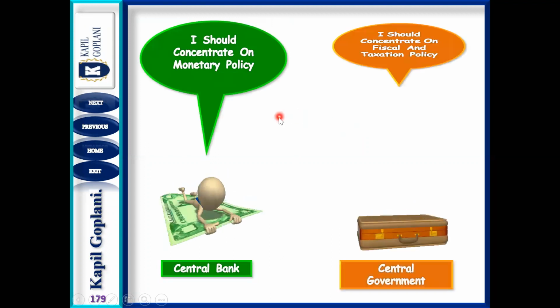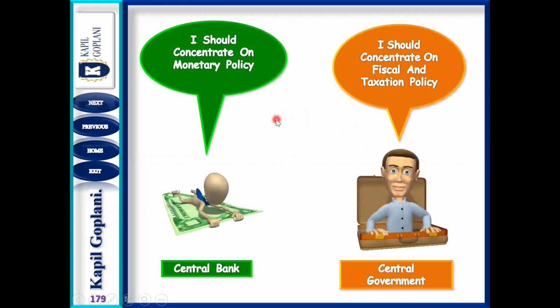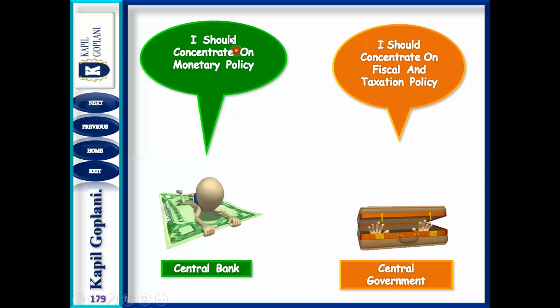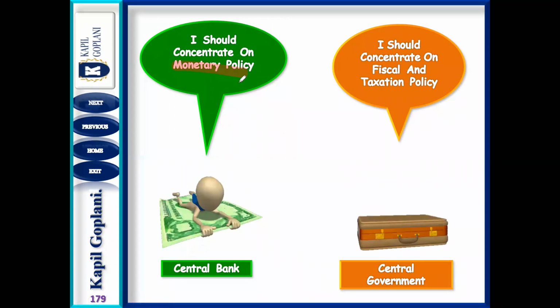Okay, first, the central bank. I will be focusing on monetary policy. See, RBI has control over the monetary policy of the country. They don't have control over the fiscal and taxation policy, which the central government has. So the central government has its own tools, and RBI has its own tools to cover the situation of inflation and deflation in the economy.